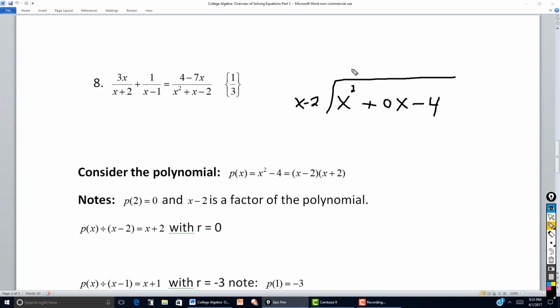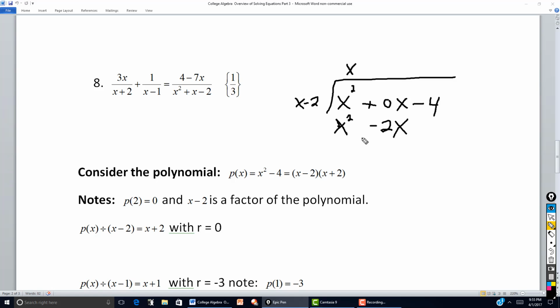So it works like this. x divided into x squared is x. Just like regular division of numbers, and then I multiply the x times the x minus 2. So x times x is x squared. x times minus 2 is minus 2x.